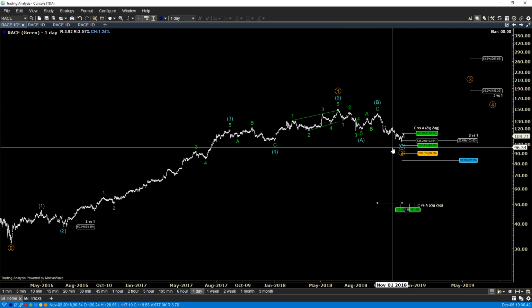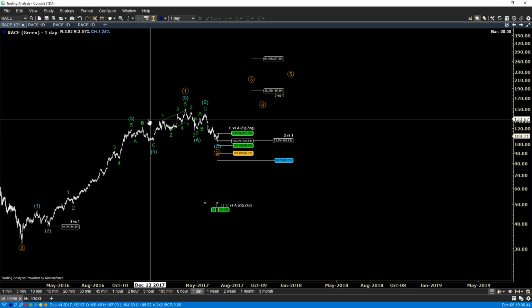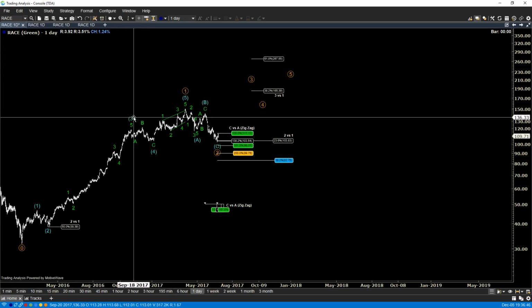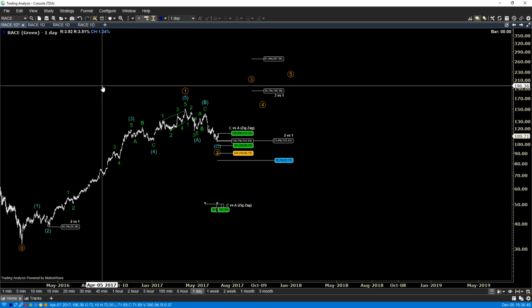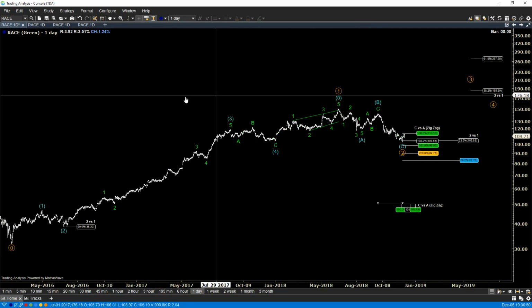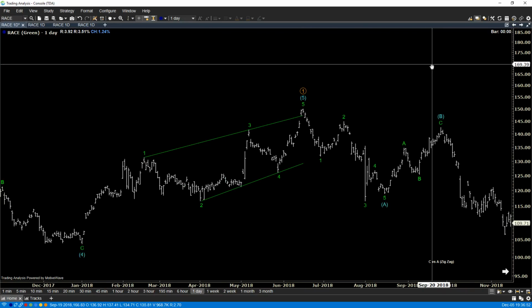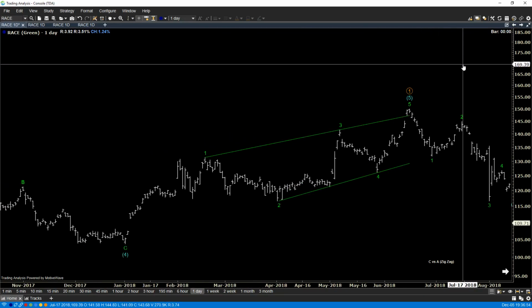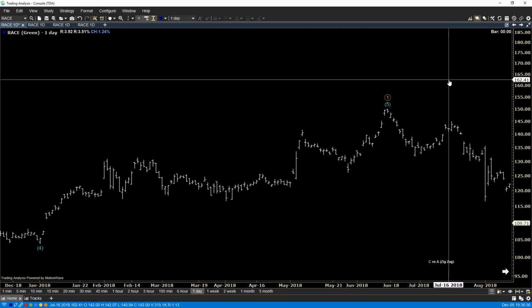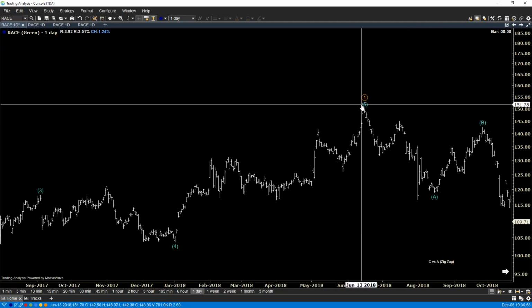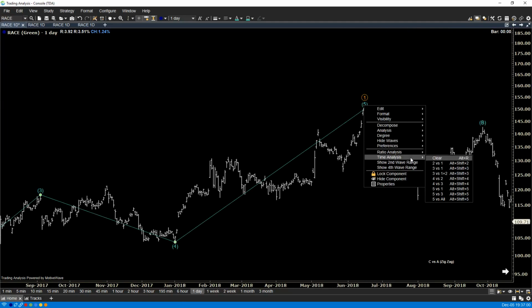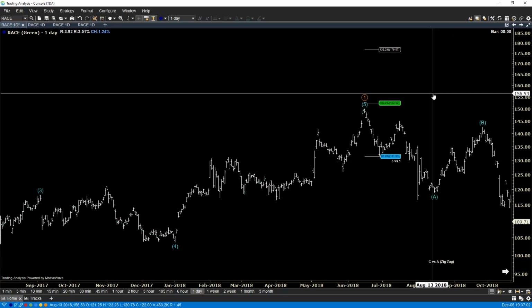Then we went into a nice correction, okay? Wave 3 clearly extended in the longest here. That tells us that wave 5 should be equal to 1. Let's go see how that played out. Right click on 5, ratio analysis 5v1.